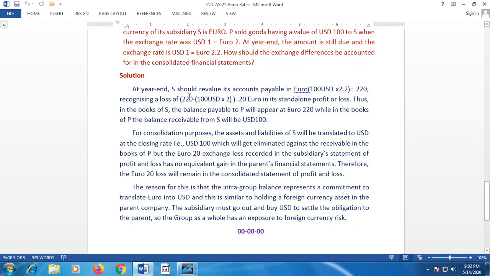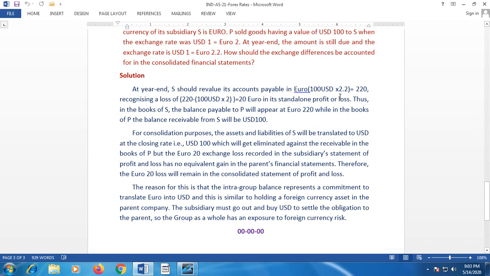At the year end, S should revalue its accounts payable in euro because the amount is not yet settled. 100 US dollar into 2.2, the year end rate, is considered. So 100 US dollar into 2.2 equals 220. So S Limited should revalue its accounts payable, though the transaction took place when the exchange rate was US dollar 1 equals 2 euros.